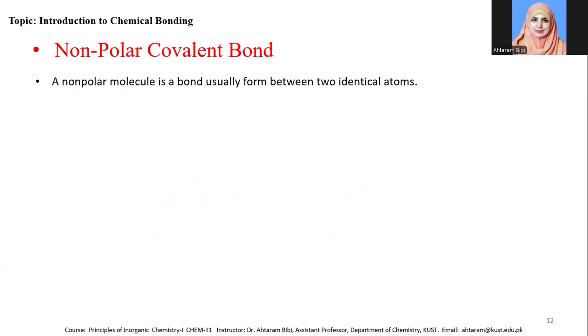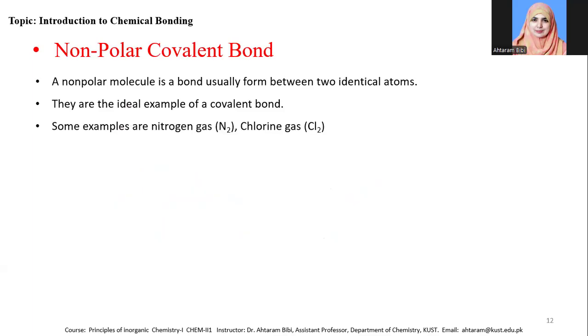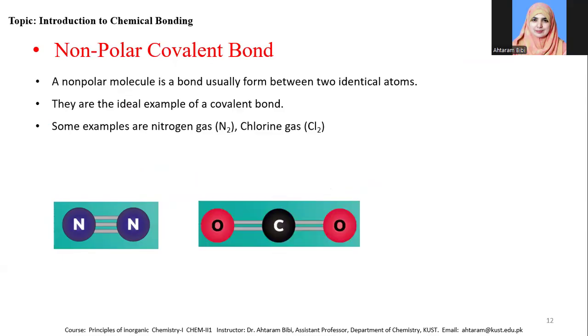A nonpolar bond is usually formed between two identical atoms, and they are the ideal example of a covalent bond. Some examples of nonpolar covalent bonds are nitrogen gas and chlorine gas. For example, we can see over here the nitrogen molecule, where the shared pair of electrons is attracted by both atoms equally.